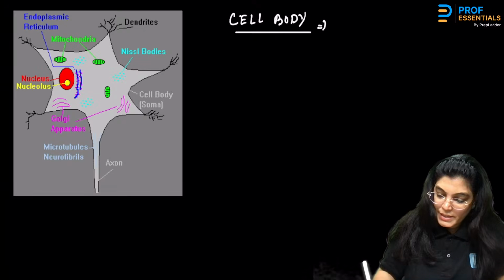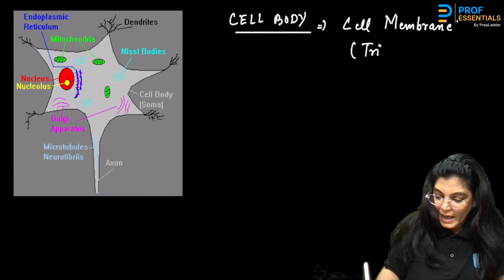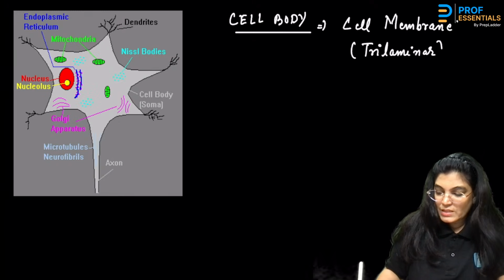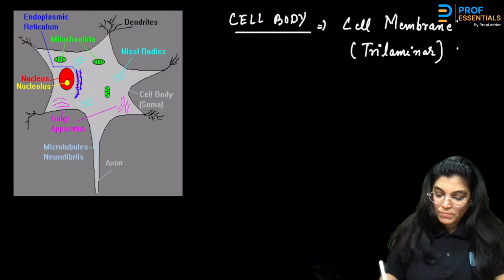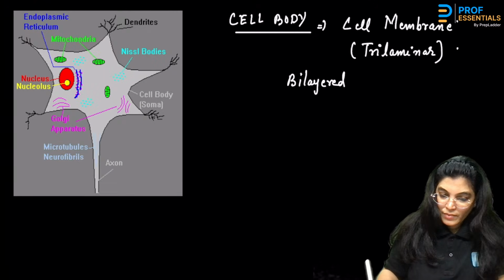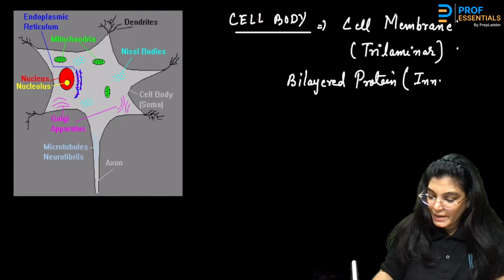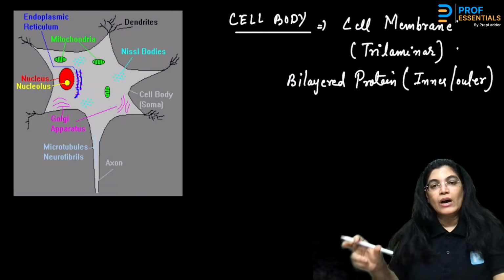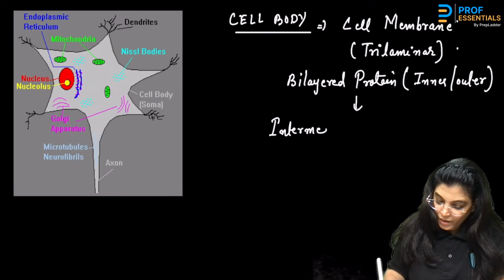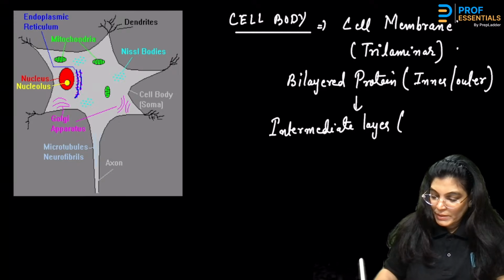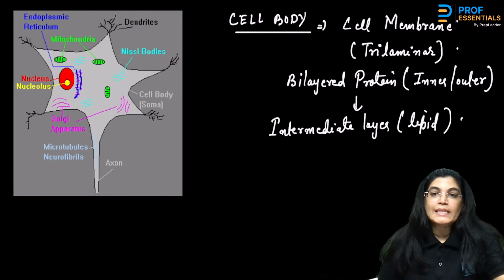The covering of the cell body is called the cell membrane, which is trilaminar, or tri-layered. Trilaminar means it consists of a bilayered protein: the protein layer lies on the inner and outer aspects, and the intermediate layer in between contains lipids.